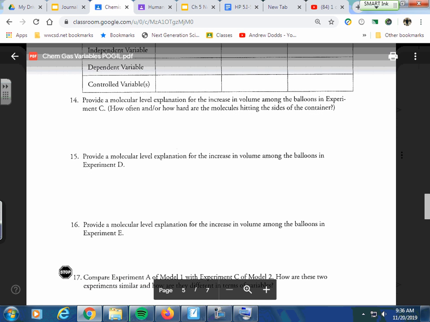So number 14, provide a molecular level explanation for the increase in volume among the balloons in experiment C. How often and or how hard are the molecules hitting the sides of the container? So what did you put for this one, Anaya? What did you put for this one since you have your cell phone out? Can you put that away?